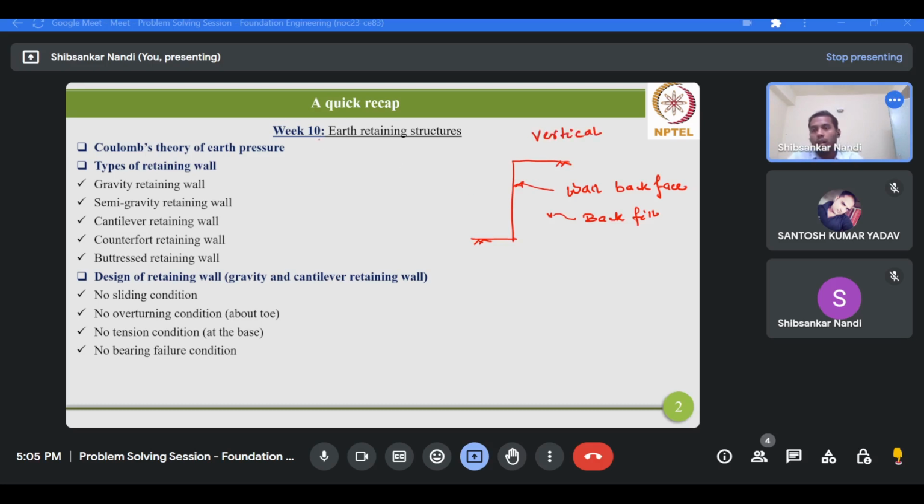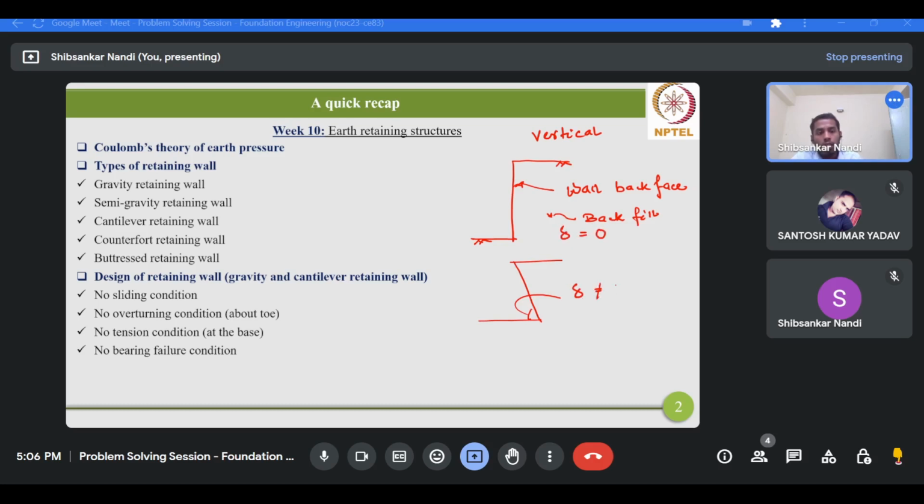Whereas there is one more theory to determine the lateral earth pressure, which is called Coulomb's theory of earth pressure. In this theory, you can consider any inclination of this back face, so this type of wall geometry can be considered. And along this wall back face, delta was considered to be 0 based on Rankine's theory.